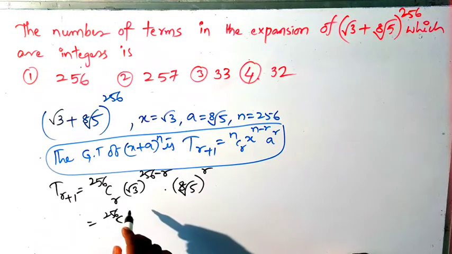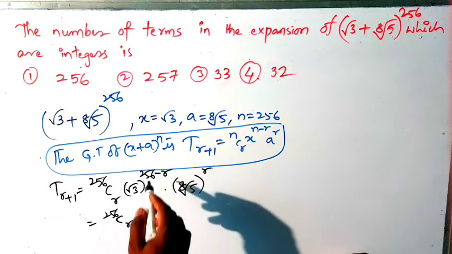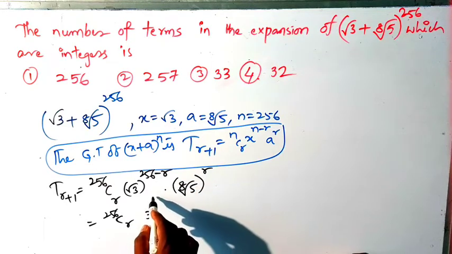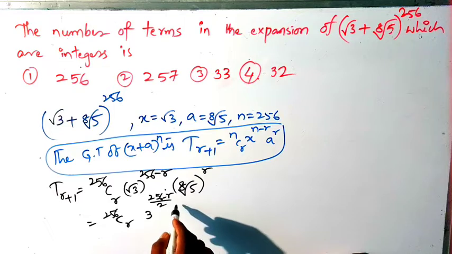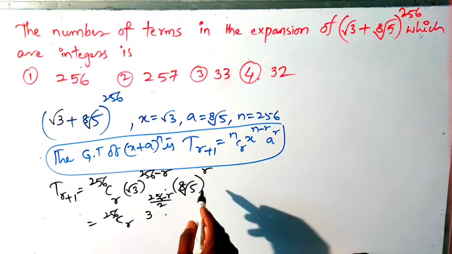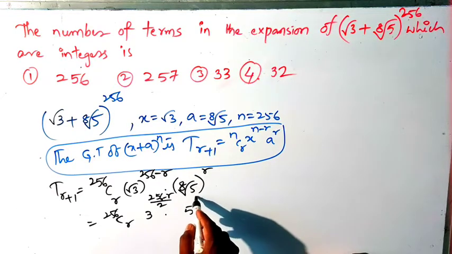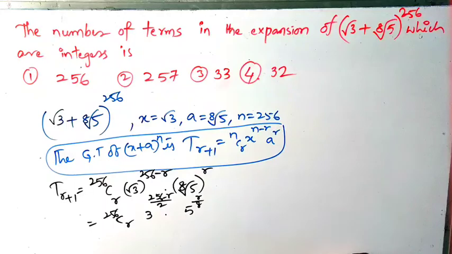The square root of 3 can also be written as 3 power of 1 by 2, and the power is already there, so we have 3 power of (256 minus r) by 2. Here also we have 5 power of r by 8.